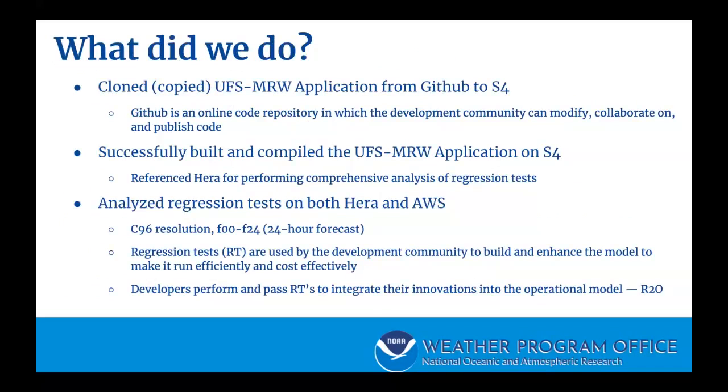And so we are performing the regression tests on that system, but they are so similar that the results can be used effectively for this project. And then we were able to analyze those regression test results from Hera, as well as some output from AWS. And so again, we used a C96 resolution, 24-hour forecast.